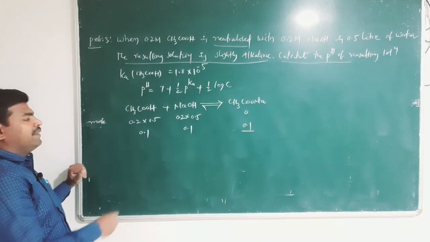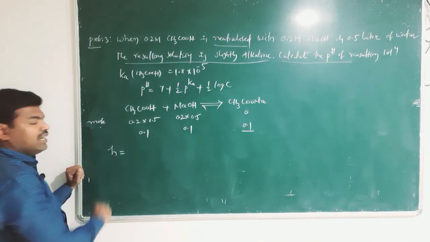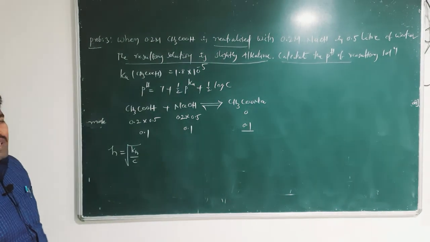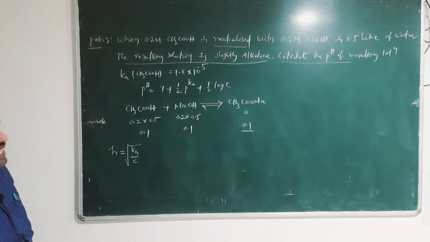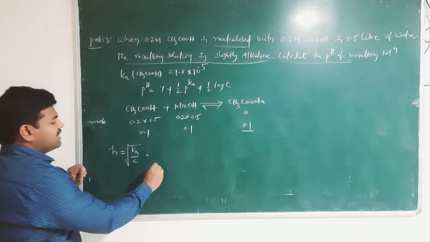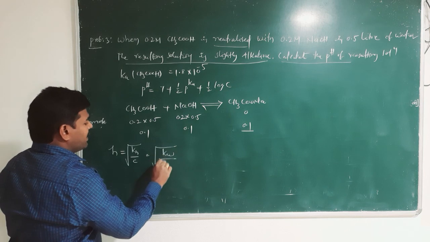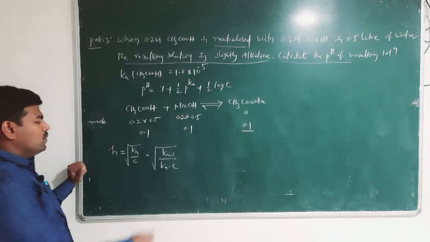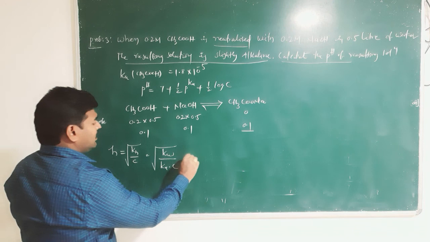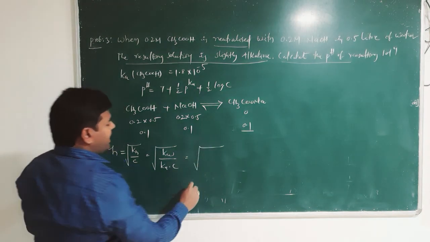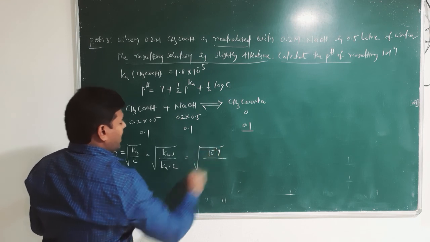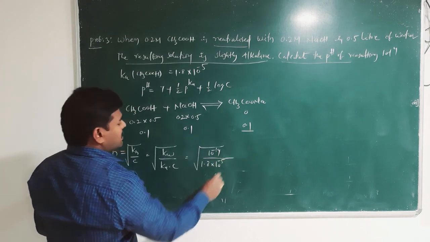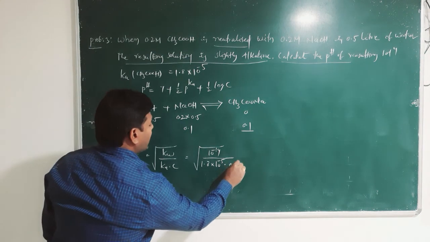Okay, and we know that the degree of hydrolysis h is equal to root Kh by C, and Kh for this salt is Kw by Ka into C. Then we can calculate it: Kw value is 10 power minus 14, Ka value they gave is 1.8 into 10 power minus 5, and the salt concentration is 0.1.